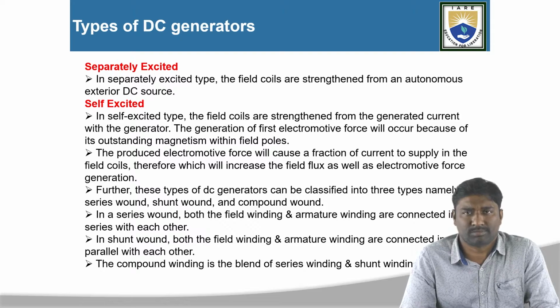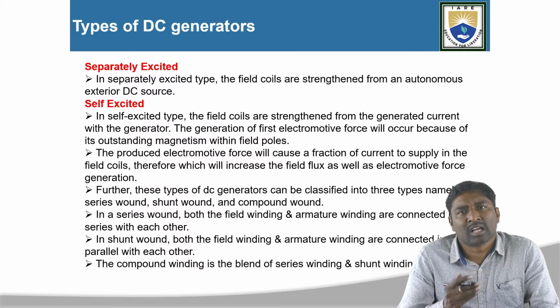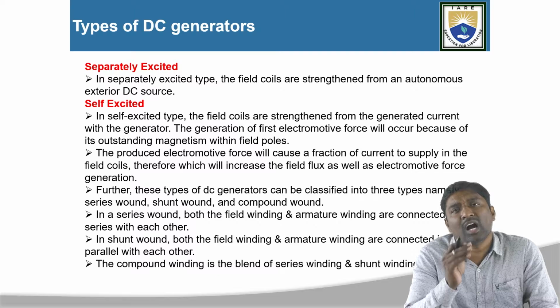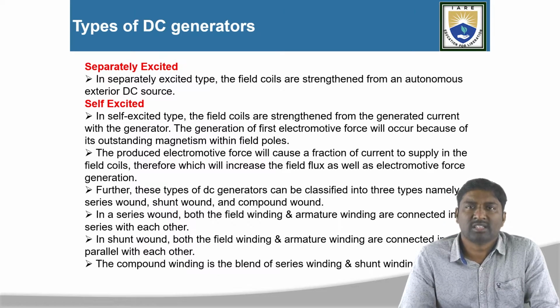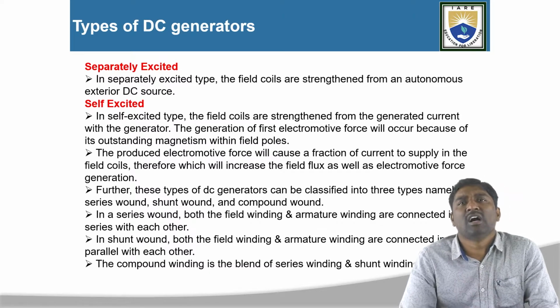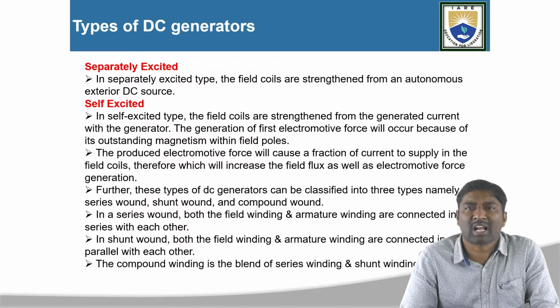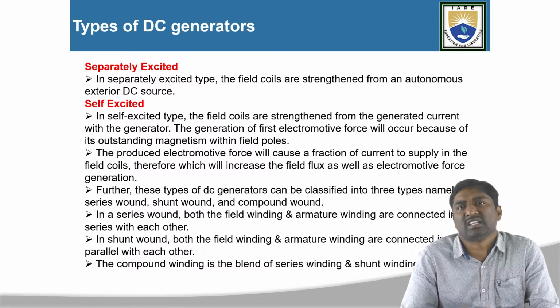Next, the compound winding is a blend of series winding as well as shunt winding. That type of generator is called a compound generator. So this is how we have classified the DC generators according to the excitation and the winding.